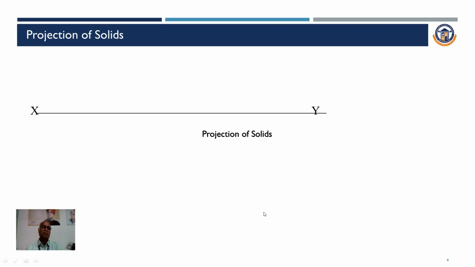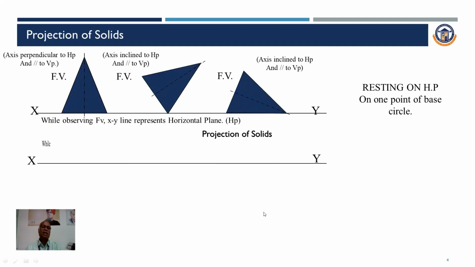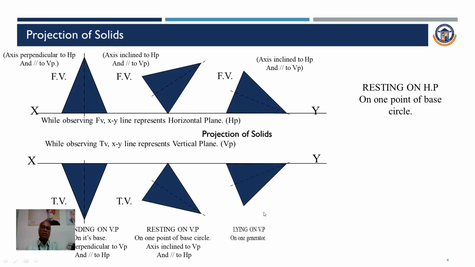Projection of solids involves different positions of these solids. In the front view, the axis is perpendicular to HP and parallel to VP, or the axis is inclined to HP and parallel to VP. The XY line represents the horizontal plane and the vertical plane.